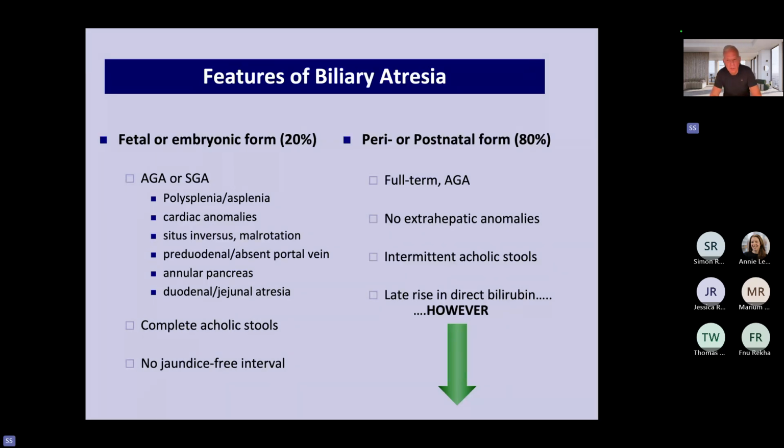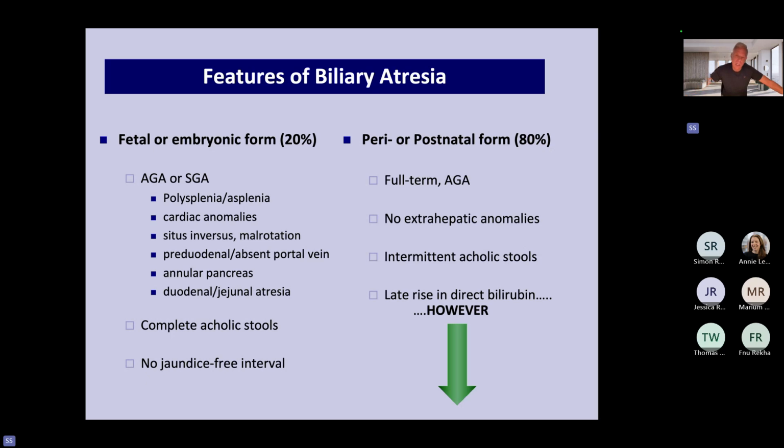As I mentioned earlier, the features of biliary atresia can be divided into 2 major forms. The fetal or embryonic form, I think that 20% is a bit high, but it doesn't really make any difference, or the peri or postnatal form. In the fetal or embryonic form, these tend to be AGA or SGA infants.